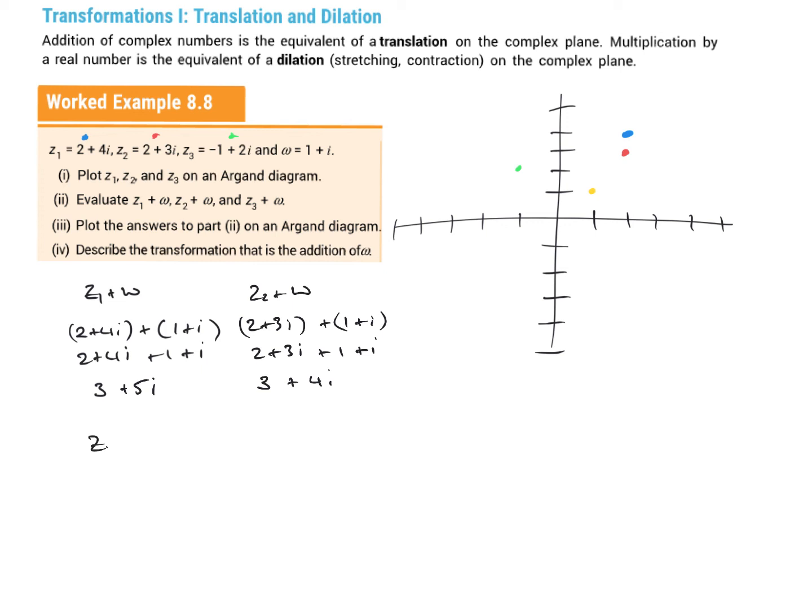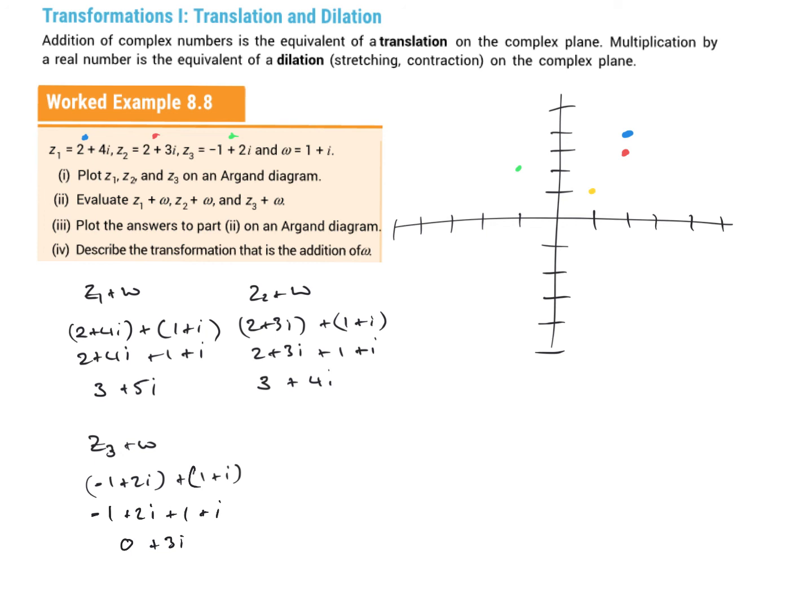So just quickly do that. z3 plus w. Getting the whole idea of what's going on here. So we've got minus 1 plus 2i plus 1 plus i. Get rid of the bracket. So we've got minus 1 plus 2i plus 1 plus i. Minus 1 plus 1 is 0, so we've got 0. And then we have plus 3i.